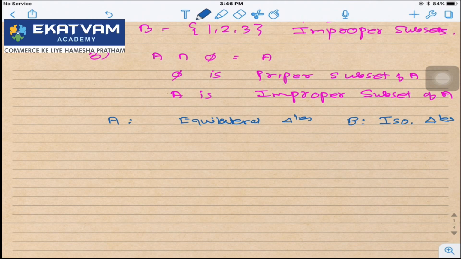What will you say? All sides are equal, it is equilateral, and two sides are equal, then it is isosceles.